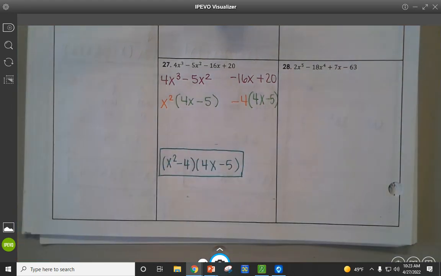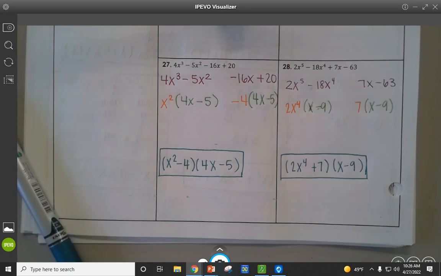All right, I want you to try number 28 on your own. All right, this is what you should have gotten on number 28. The first side, you should factor out a 2x to the 4th, leaving you with x minus 9.